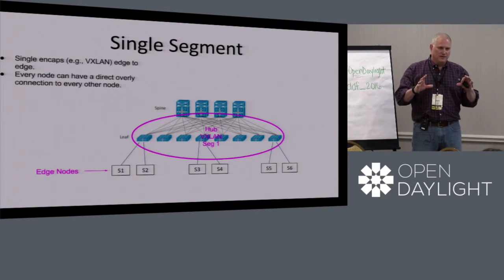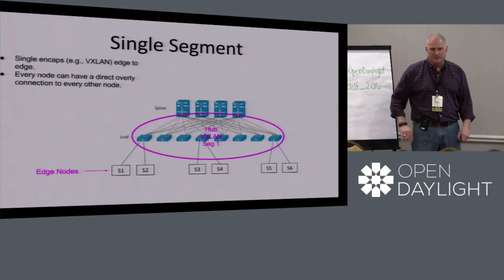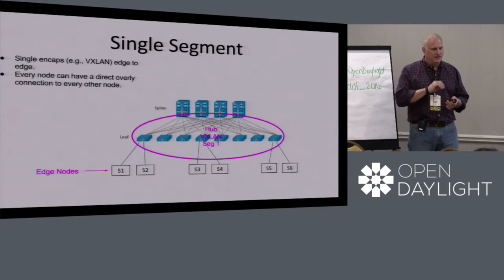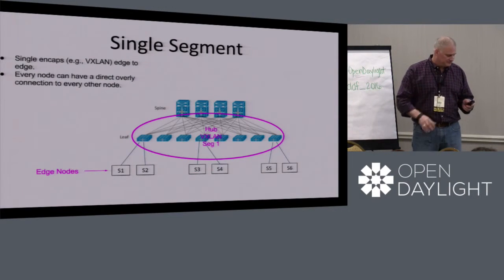So everything controlled within the NetVirt domain is reachable from every other switch, typically over a VXLAN tunnel, but it also supports GRE tunnels and VLANs. But it's single segment.